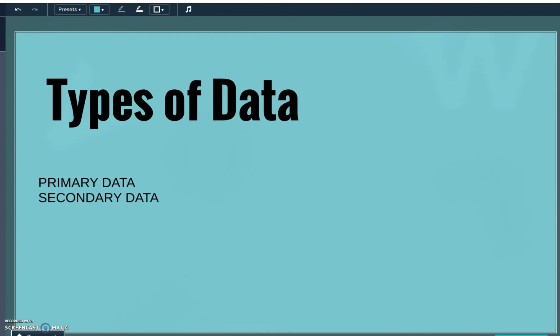Before understanding what are the various methods of data collection, I would like to take you through the rundown of types of data. We'll initially talk about two different types of data, the primary data and the secondary data. Now, what is primary data? Primary data are those which are collected for the first time and are original in characteristics.